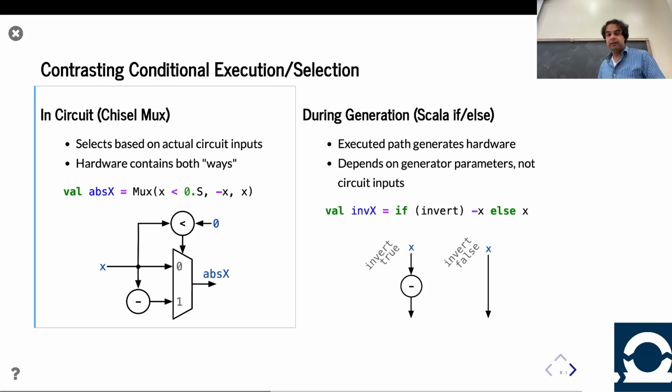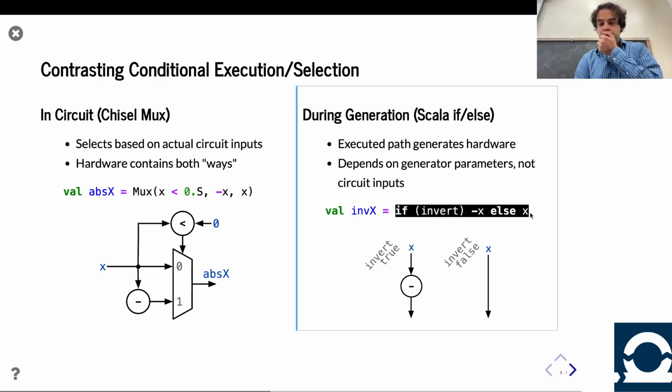And so in this case, if I have an if statement, that's going to impact the execution of the program and consequently the hardware. But the hardware itself is not going to be at all conditional, right? If I have invert set to true, invx is set to negative x, so it'll always be negated. If invert is false, it'll just pass x through. So invx will just be the x value, right?